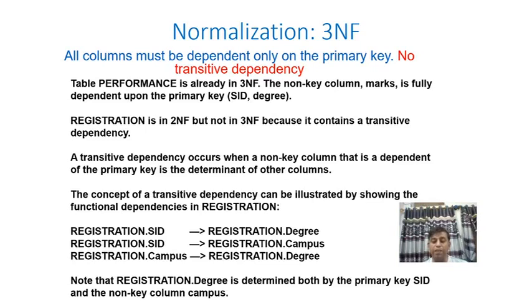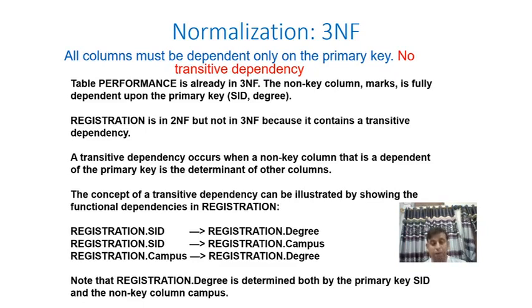As a whole, we can say degree is dependent on campus, and campus is dependent on student ID, or in other words, student ID determines campus and campus determines degree. This kind of dependency is known as the transitive dependency, and we must eliminate it. Note that registration dot degree is determined both by the primary key, student ID, and the non-key column campus.